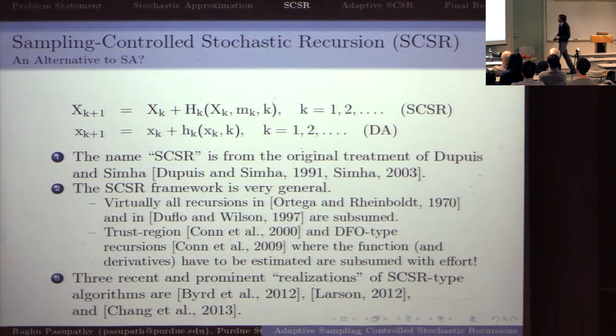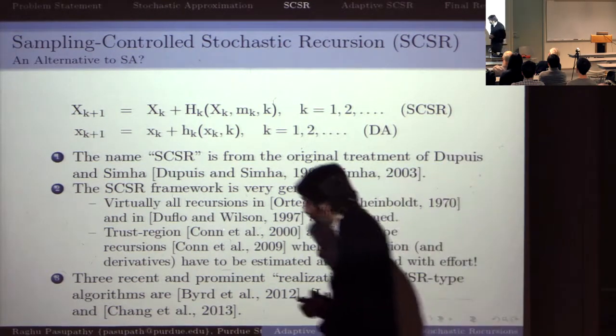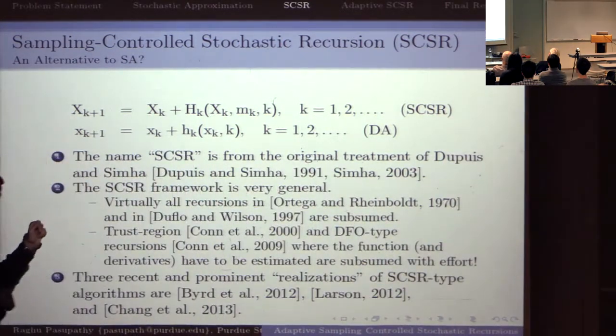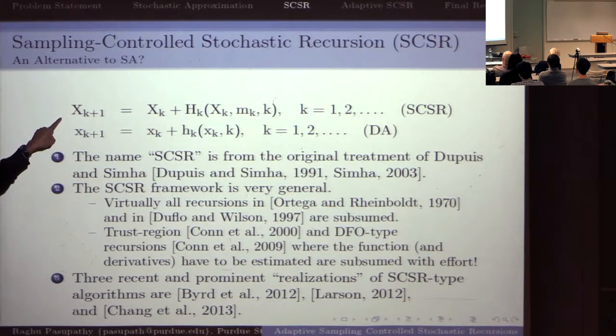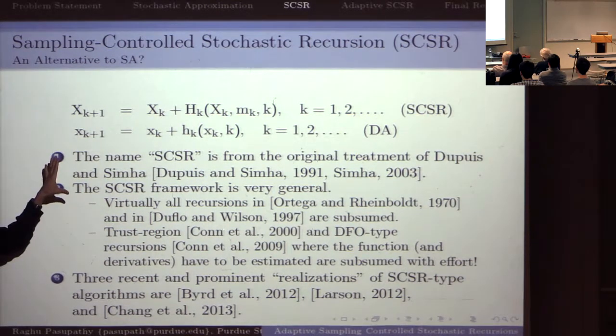Okay, so we need to put this in a framework. And so the particular framework in which I'm going to be placing all of this is the following. Think of a deterministic recursion, your favorite deterministic recursion for root finding. Again, for the purposes of this talk, I'm going to limit myself to root finding.